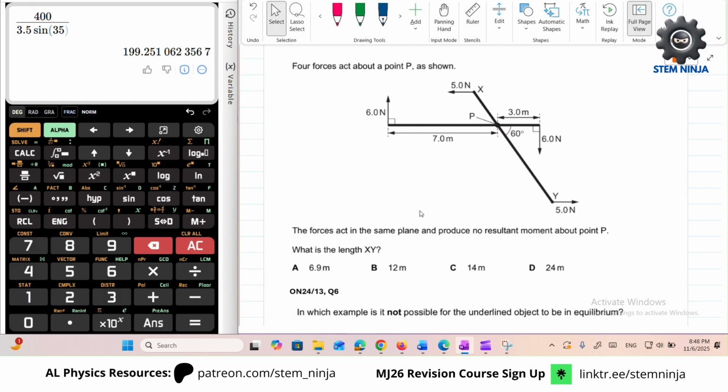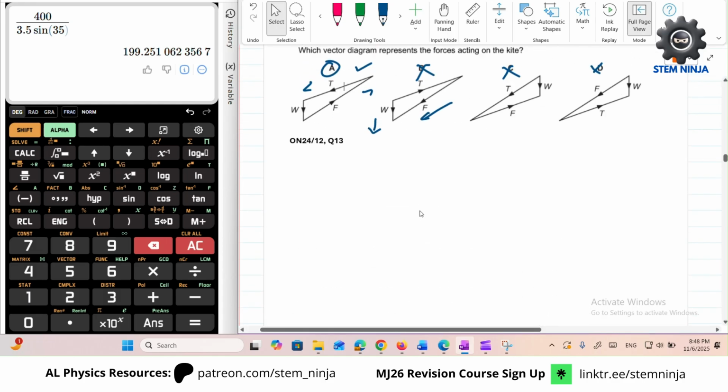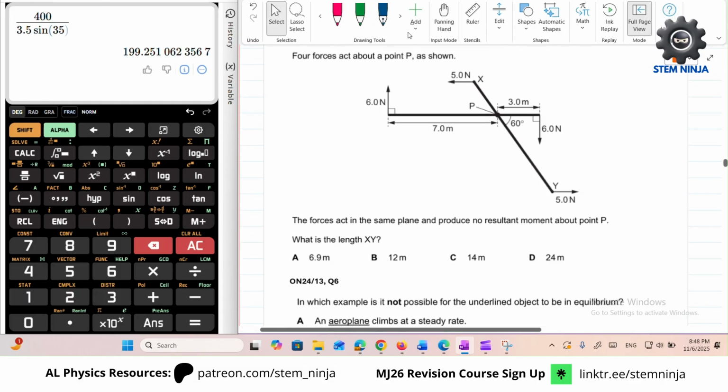Four forces act about a point P. So we can find out the total forces. Clockwise equals anti-clockwise. So clockwise forces are these two, 6 Newton, 6 Newton.